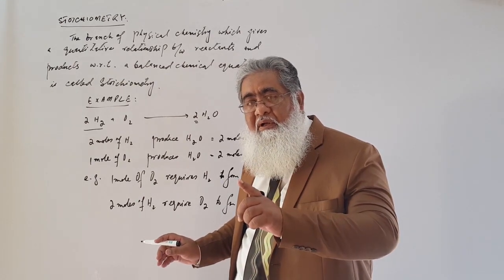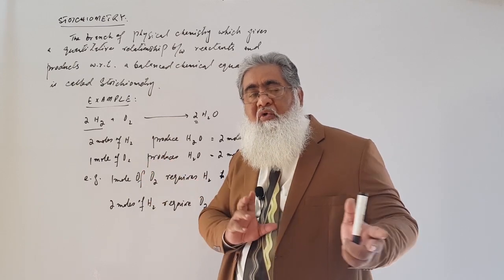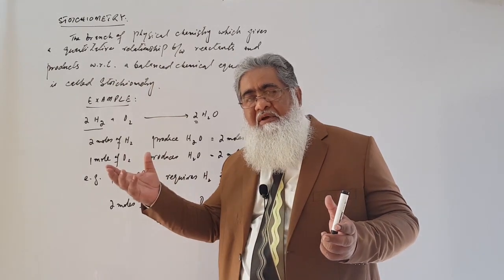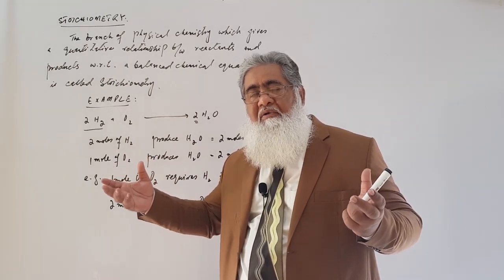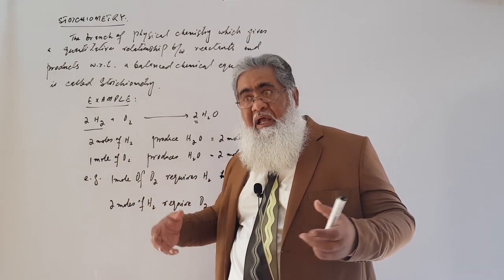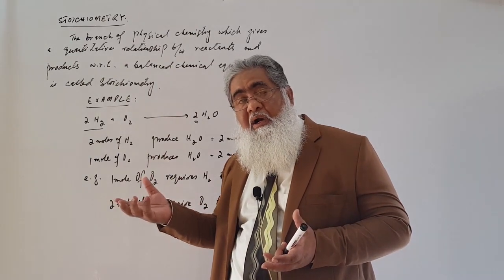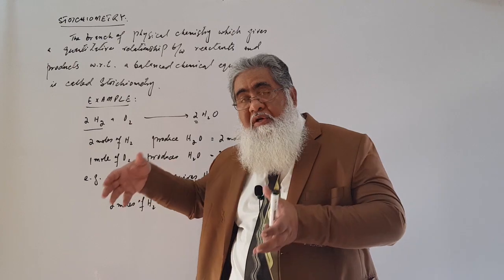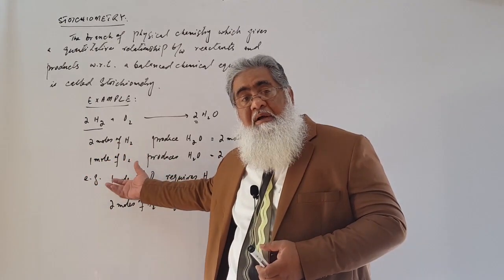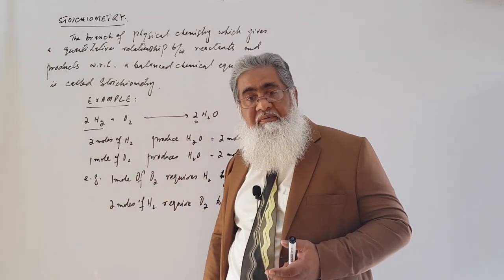Within the equation we will see whose information is given and whose information is asked. If the reactant's amount is given and the product's amount is asked, we will make the relationship between reactant and product. And if the quantity of product is given and the quantity of reactant required to produce that amount is asked, then the product will be the given substance, and the reactant will be the required substance.